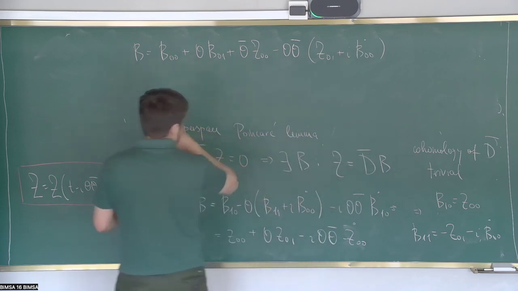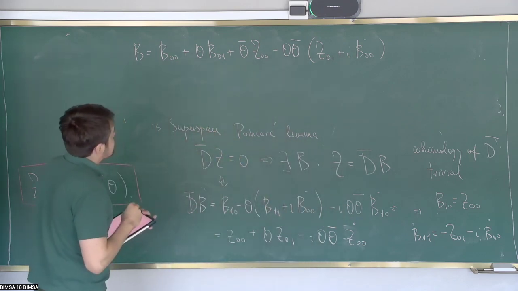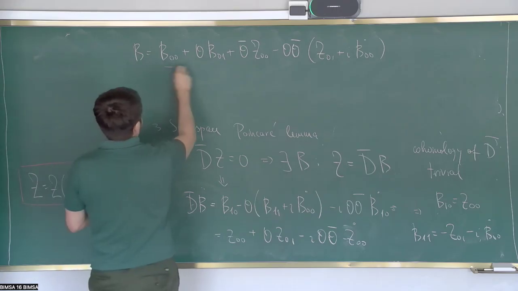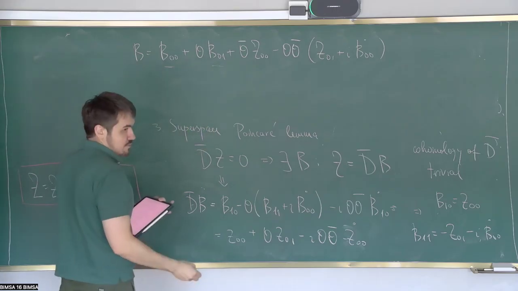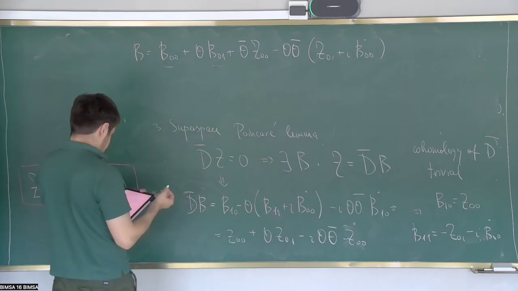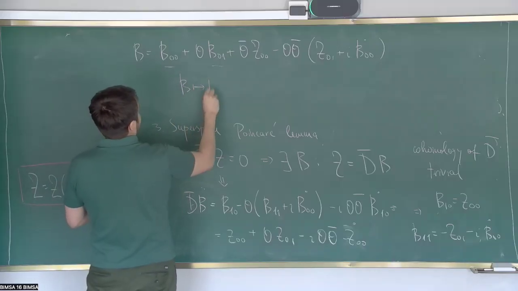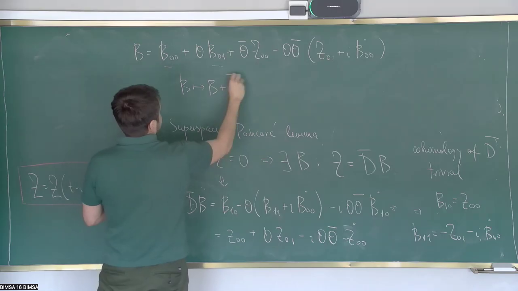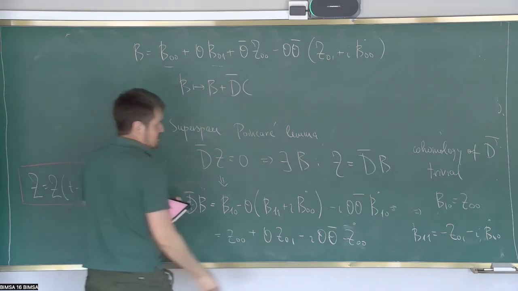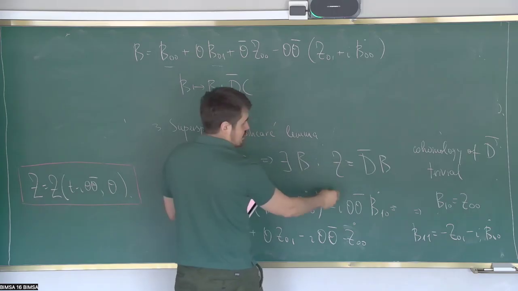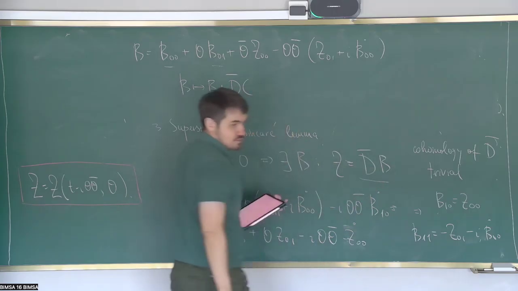So you see, it's not uniquely determined by Z, right? It has these three components, which are B0,0, B0,1. And this comes from the fact that, of course, we can add to B some derivative, right? So we can add D of D bar C. This doesn't change Z because D squared is 0.